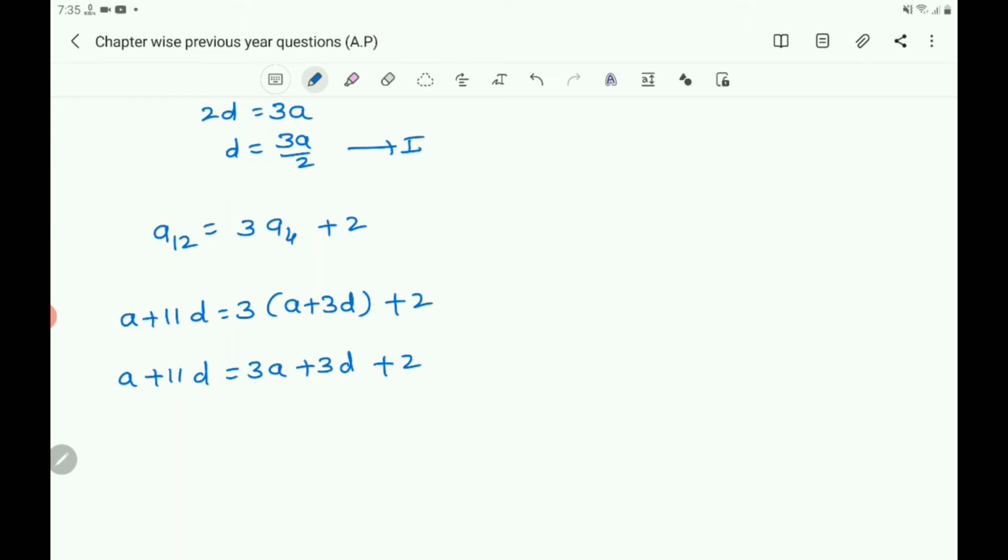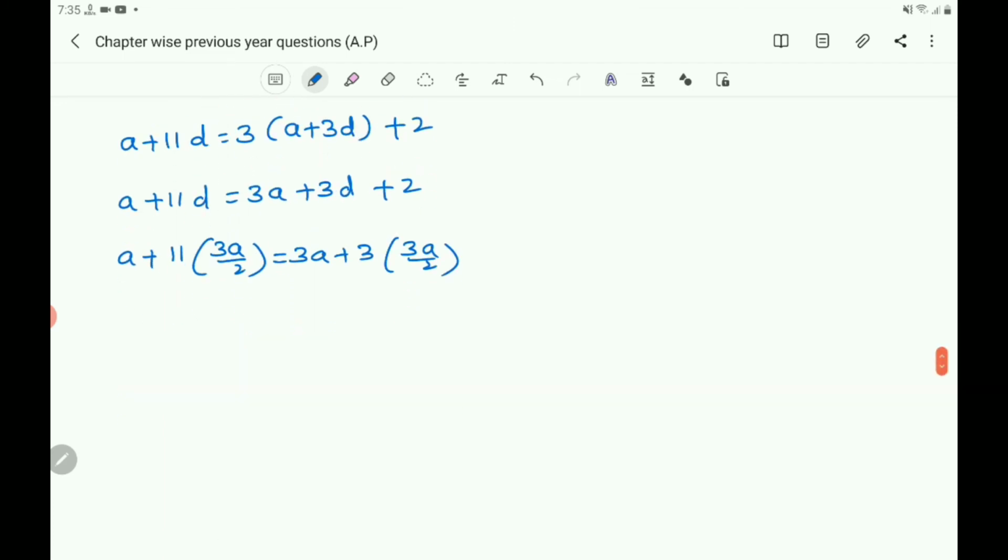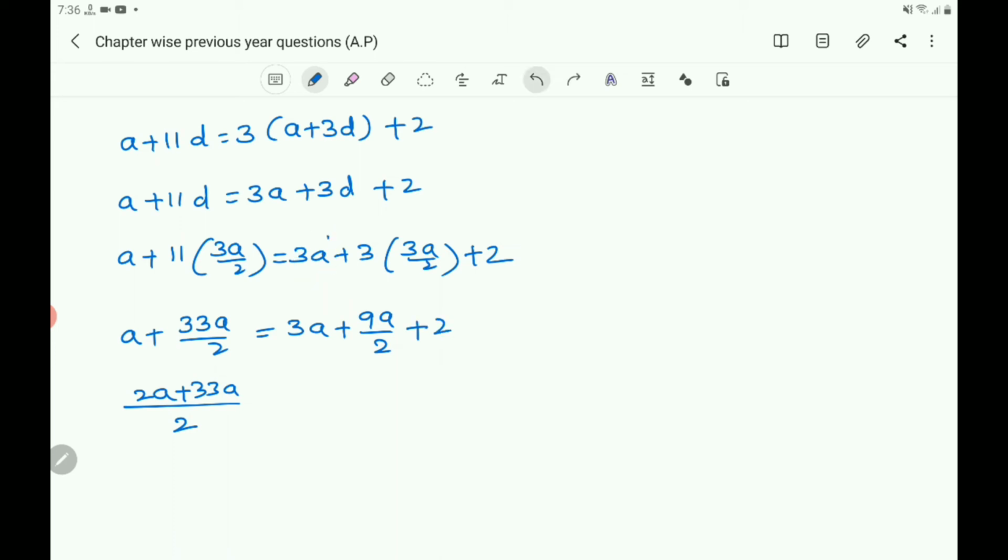Since you got d in terms of a, substitute it: a plus 11 into 3a by 2, that is a plus 33a by 2, equals 3a plus 3 into 3a by 2, that is 9a by 2, plus 2. Don't leave out this plus 2. Taking the LCM 2, it becomes 2a plus 33a equals 6a plus 9a plus 4.